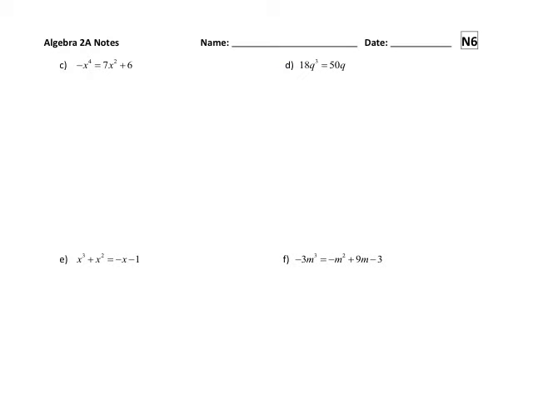On the back side, we have a few more practice problems to look at. One thing I want to make sure that you remember is to put everything to one side. So this needs to be moved to the right-hand side, and we want to make sure that we're putting our work in standard form. So what I'll have is x to the 4th plus 7x squared plus 6 equals 0. Notice that now my first term is positive because I moved it over to the right-hand side.